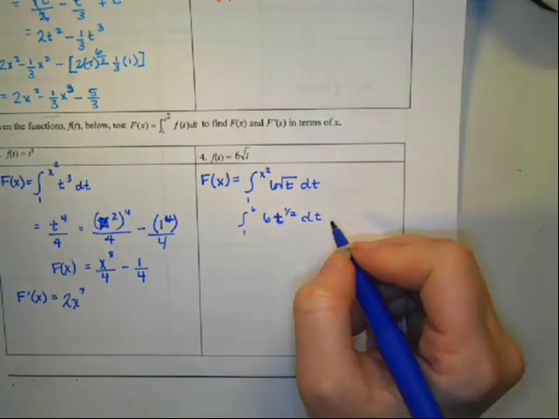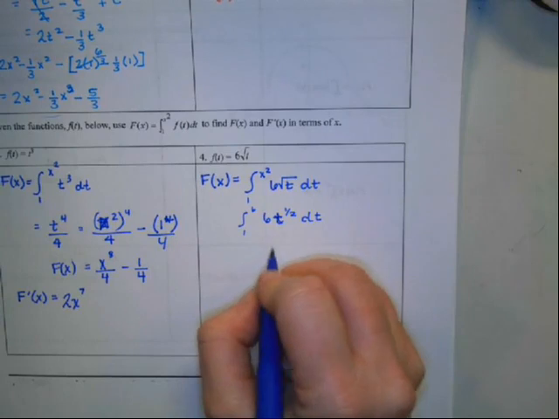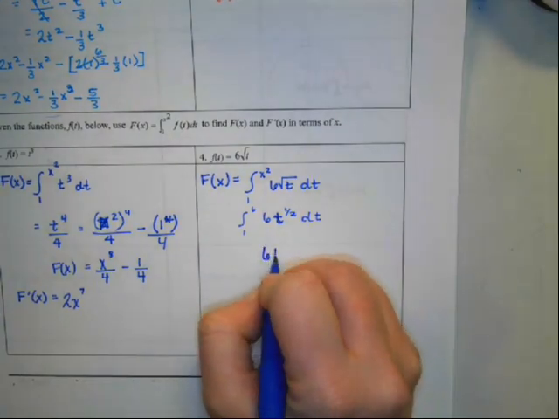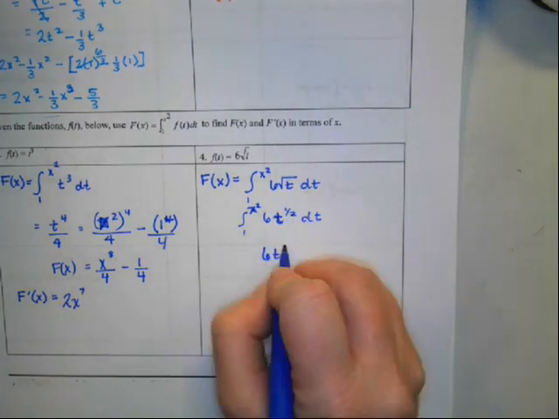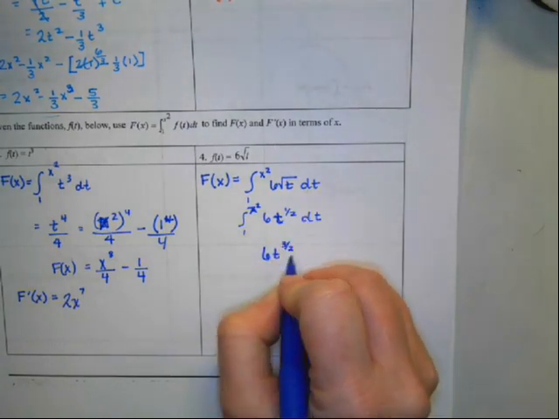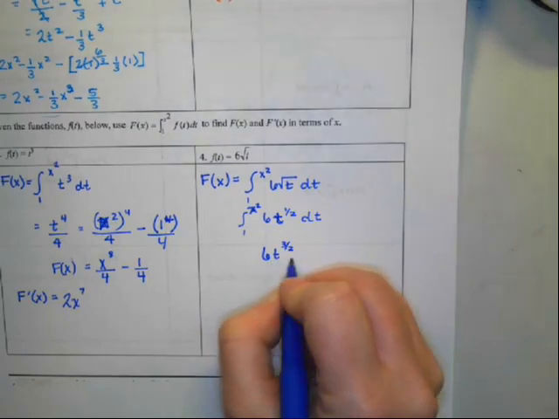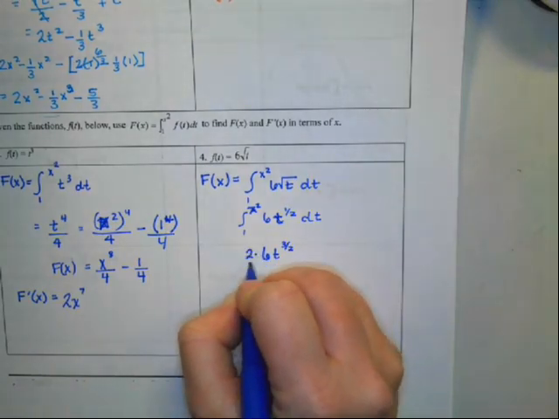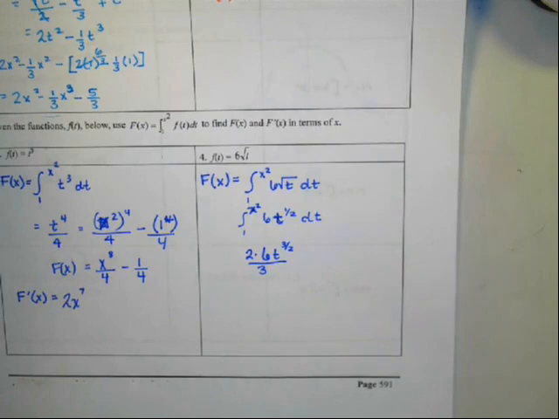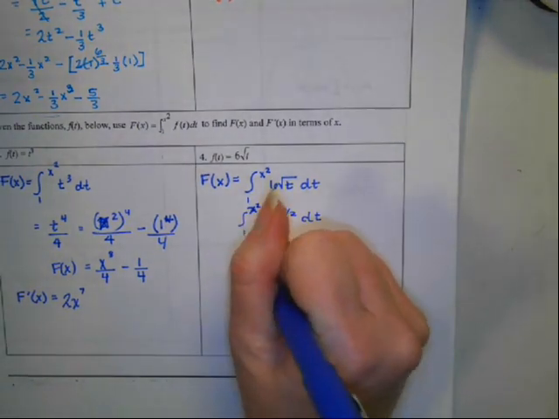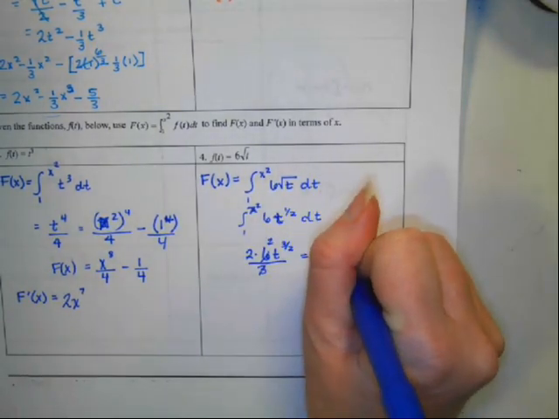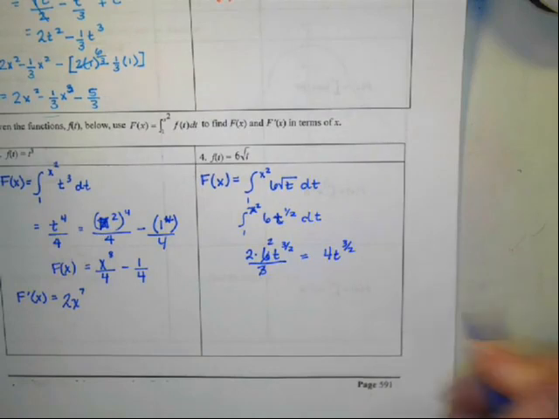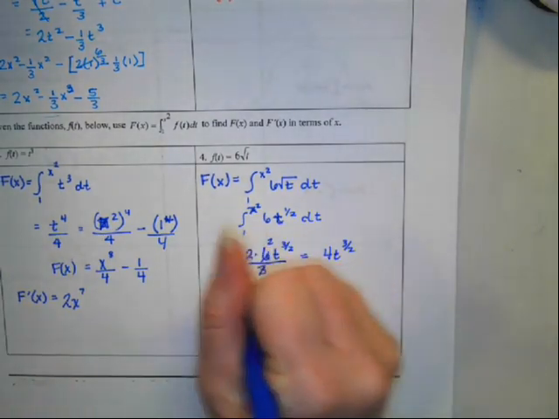All right, so taking the antiderivative, that's going to be 6t. I add 1 to 1/2, so that's going to now be 3/2. And that means I get to divide by 3/2, which is the same thing as multiplying by 2/3. And then I can simplify that. 3 goes into 6 twice, so I get 4t to the 3/2. That's my f of x.